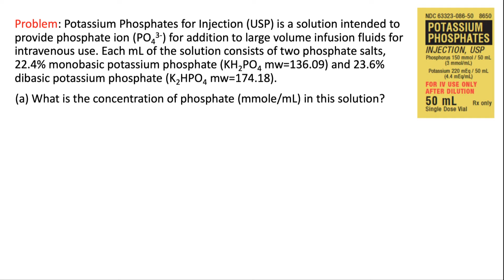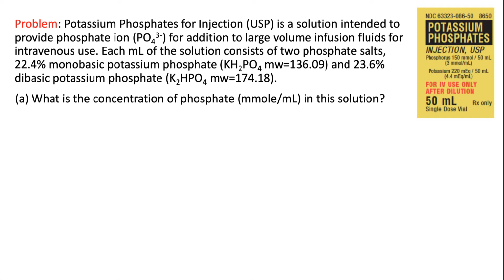Each milliliter of the solution consists of essentially two sources of phosphate. That is, part of this injectable, that is 22.4% weight per volume of this solution, contains monobasic potassium phosphate, which has the chemical formula of KH2PO4 and a molecular weight of 136.09, as well as containing 23.6% of dibasic potassium phosphate, which has the formula K2HPO4 and a molecular weight of 174.18.